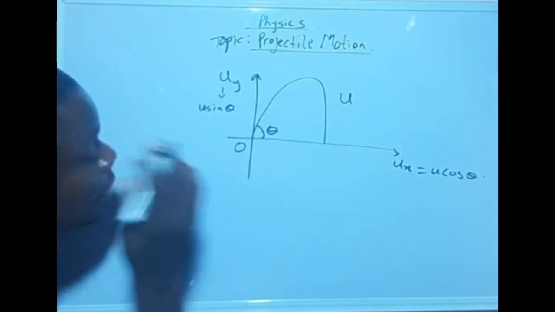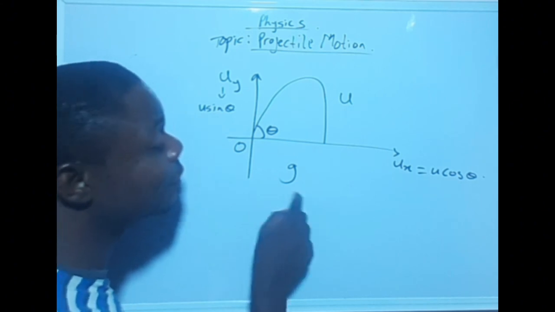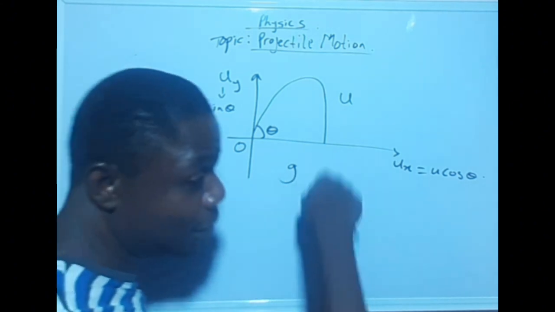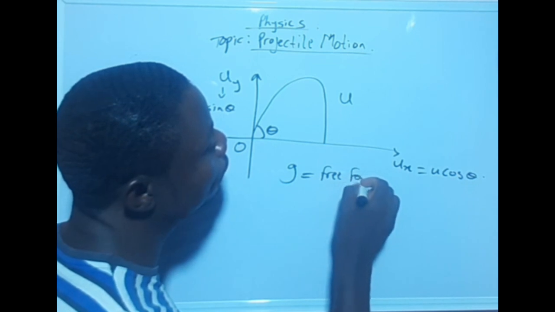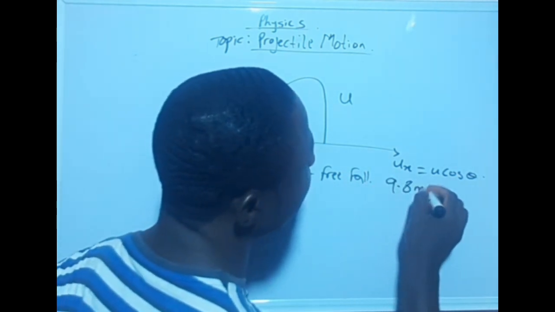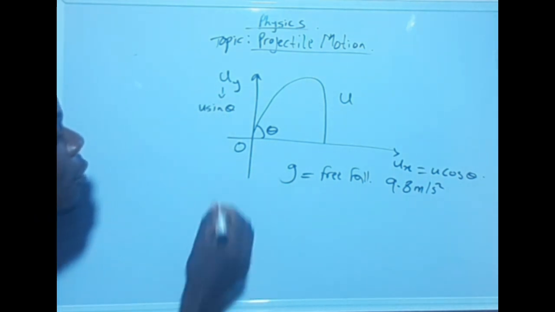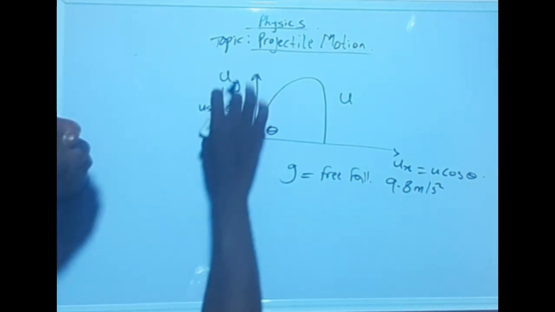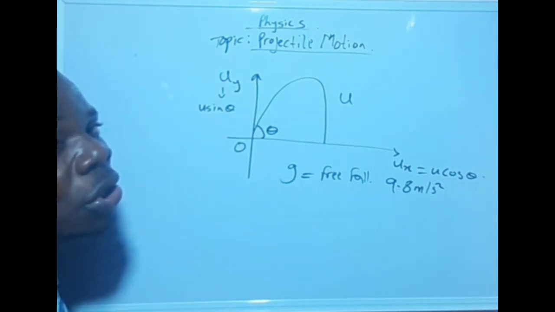The second is that the acceleration g, that is acceleration due to gravity, acts vertically downwards, which is called free fall, which is always 9.8 meters per second squared. The third is that the vertical component and the horizontal component are independent of each other.